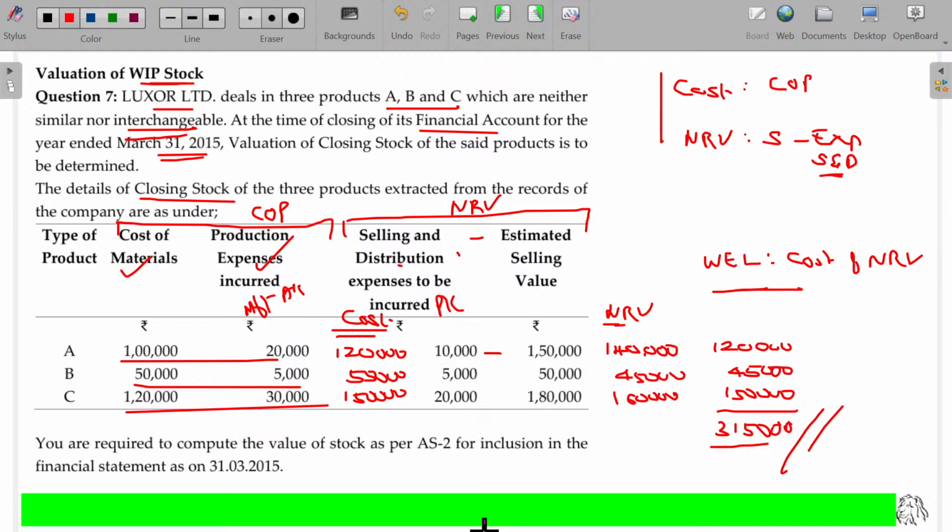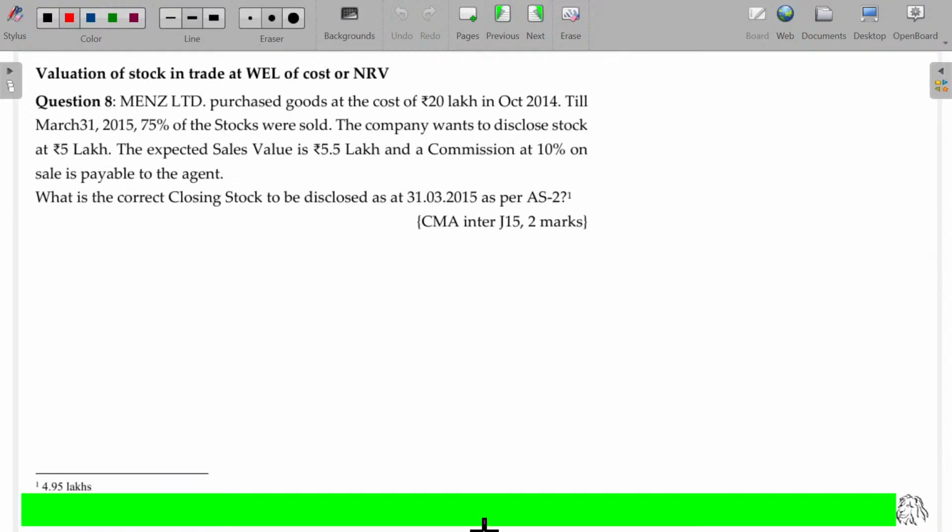Now, question number 8. Valuation of stock in trade based on cost or NRV, whichever is lower. Men's Limited purchased goods at a cost of 20 lakhs in October 2014. Till March 31st, 2015, 75% stock were sold.